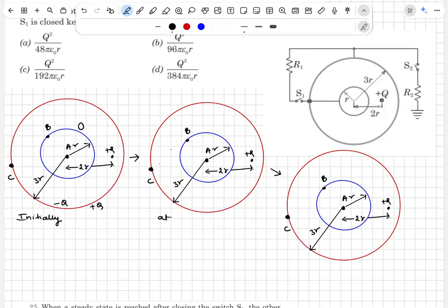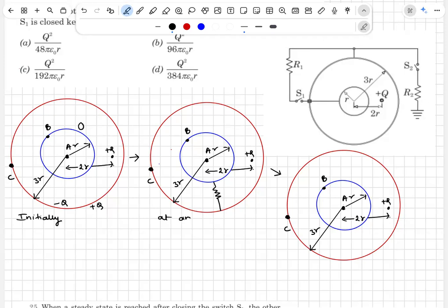Now, the problem is you connected the inner with outer. There are some intermediate stages. Of course, we go to the final steady state, but the entire loss is happening in between only.